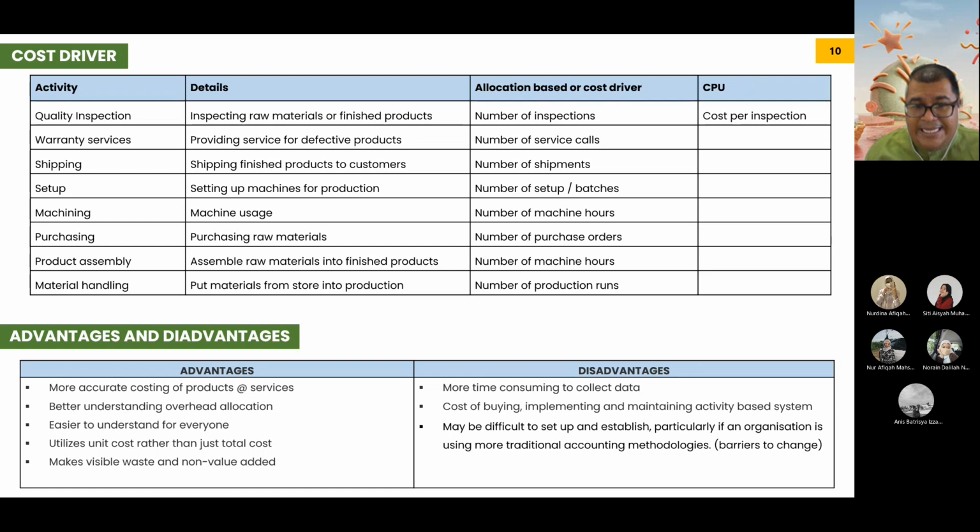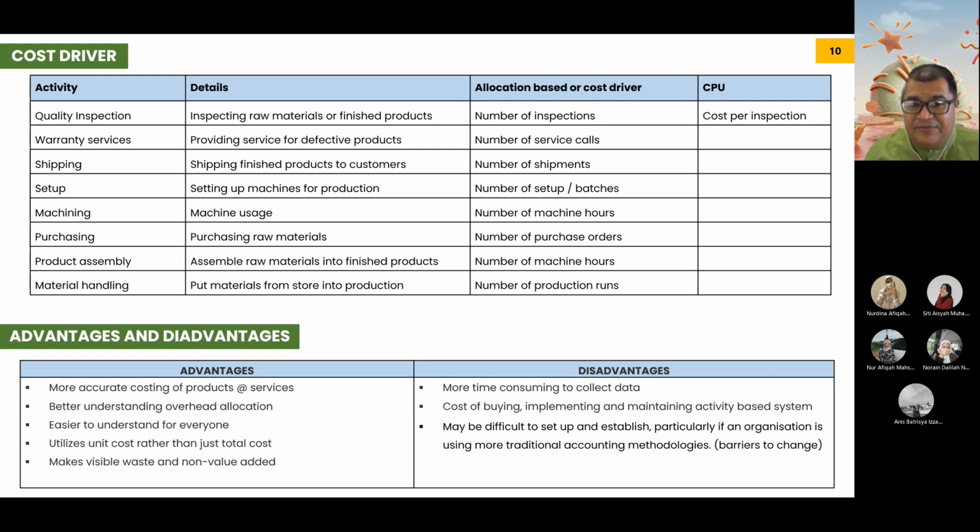Okay, cost of buying, implementing and maintaining activity based system. So cost untuk you implement pun susah kadang-kadang because it very costly. Okay, you nak beli sistem tu dah very costly, and then you nak implement, you nak ada training, and then you nak maintain activity based system tu is very costly.